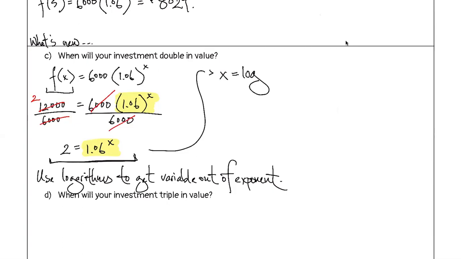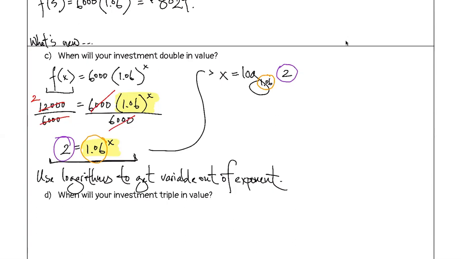Okay, so this base right here is going to be the same as the base for our log right down there. So 1.06. The number on the other side, the 2, that's going to be the number that we are logging. Okay. So x equals log base 1.06 of 2.